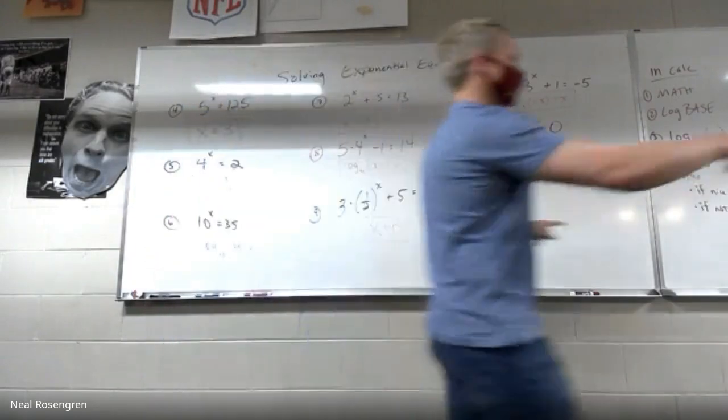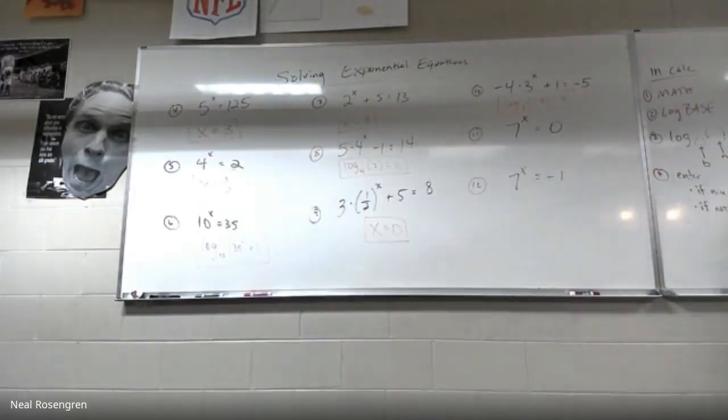We make the switch, right? It's in exponential form, and it's not an answer I can just look at and know. 3 to the x equals 1.5, I don't know what that is. That's not one of the numbers I know, so I'm going to rewrite it like this, then plug it in the calculator. If I get a nice number, I'll use it. If I don't, then I just leave it as a log.